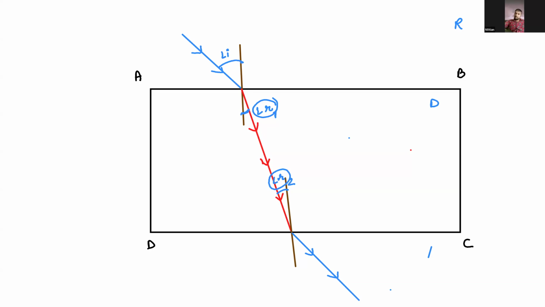Then the angle I and angle E are equal. Why? Because it moves away from the normal, as the light is traveling from denser to rarer. Okay. Understood. Everyone, yesterday did you understand this? Ezekiel, did you understand this thing?